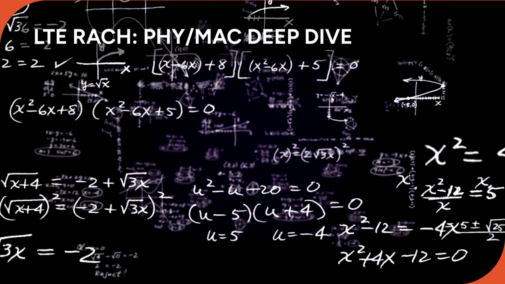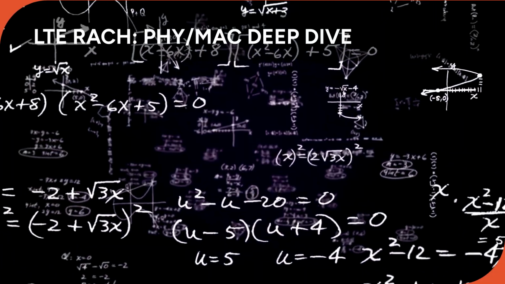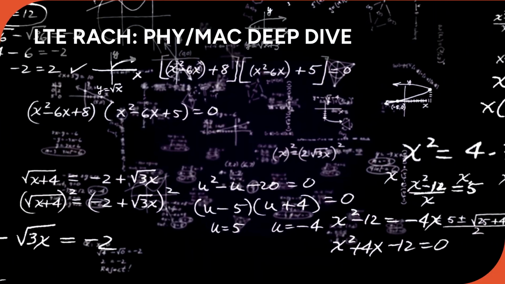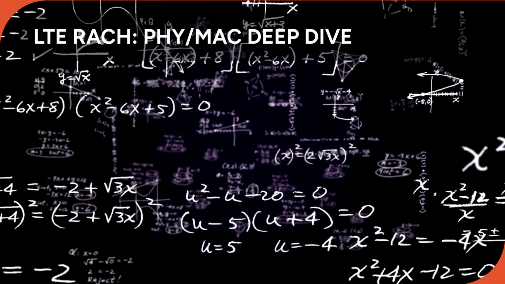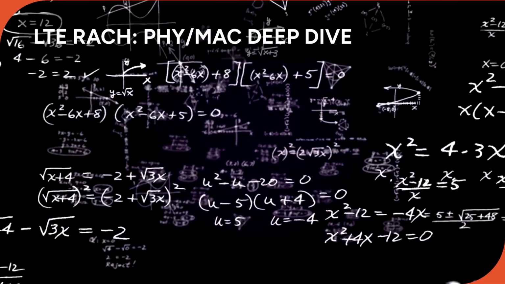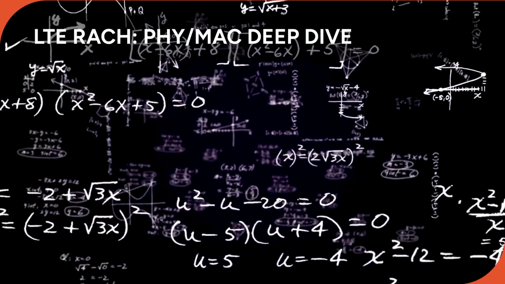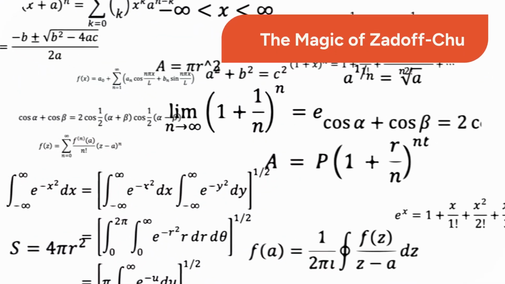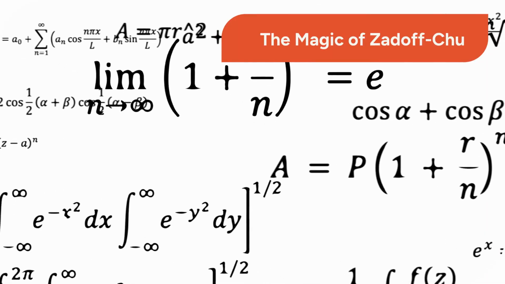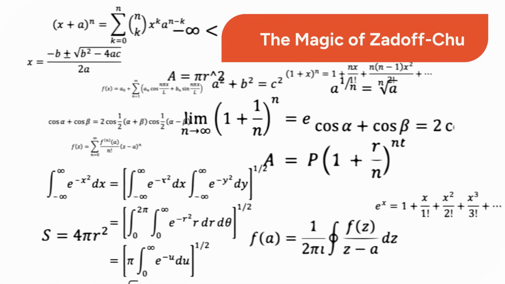Now, let's begin our advanced dive into the LTE RACH, focusing on the Layer 1 physical mechanics and the Layer 2 MAC control. This is where the physics and mathematics truly dictate network efficiency. The heart of the RACH preamble lies in the Zadoff-Chu, or ZC, sequences.